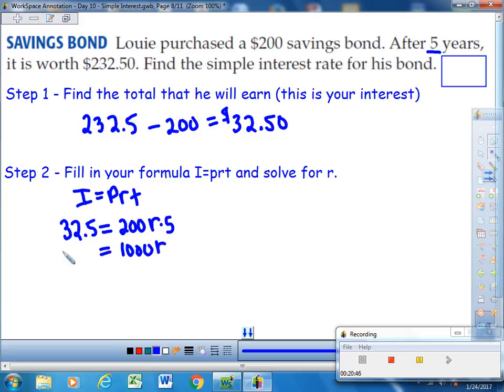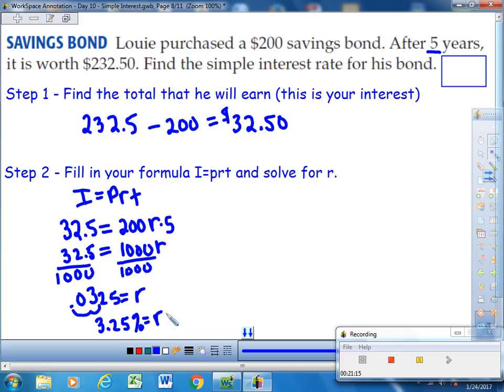R equals 32.5 divided by 1,000. I get 0.0325 equals R. Change this to a percent, move the decimal place twice. 3.25%. That's your rate.